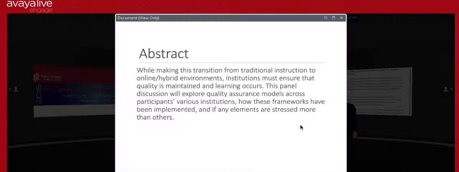For example, here at USC we are enforcing accessibility at a higher stake than probably some of the other elements on a quality assurance rubric.